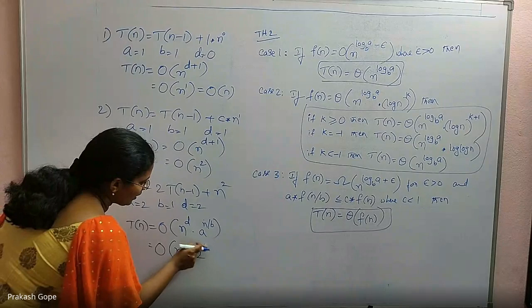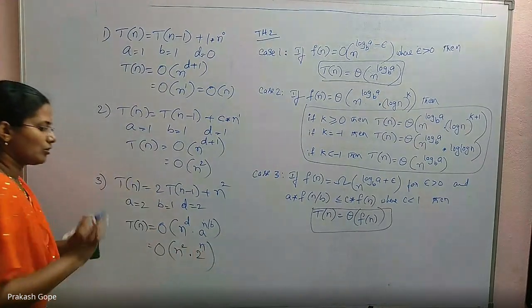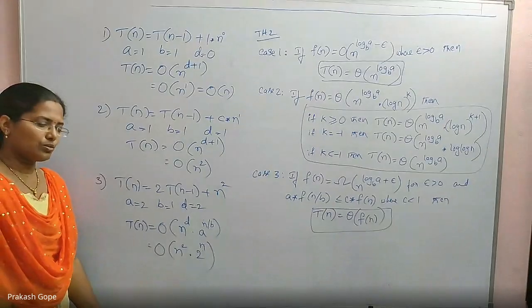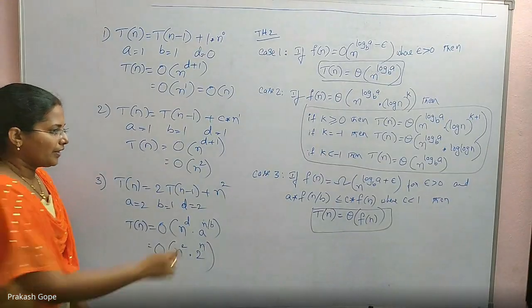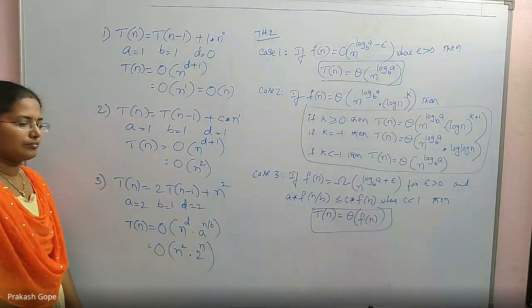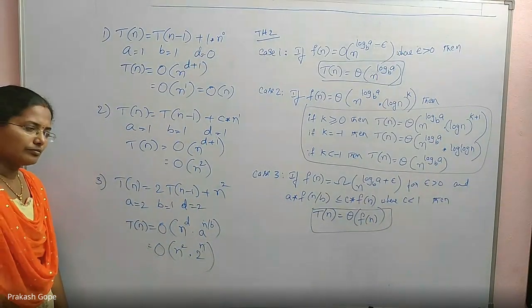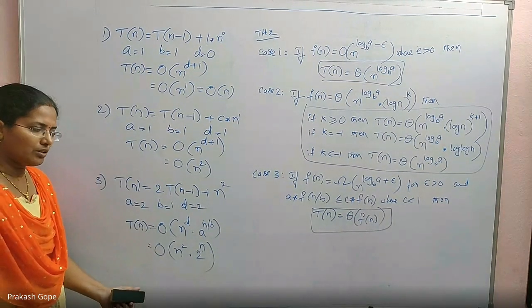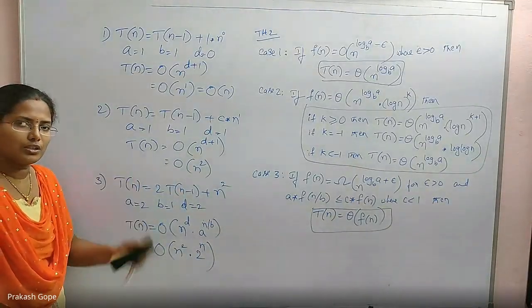N by 1 is anyway n. That's all. So it is n square into 2 power n. If I hadn't written this as n square, it would have been n into 2 power n. Clear, right? This is how we solve by using Master's theorem for decrease and conquer.